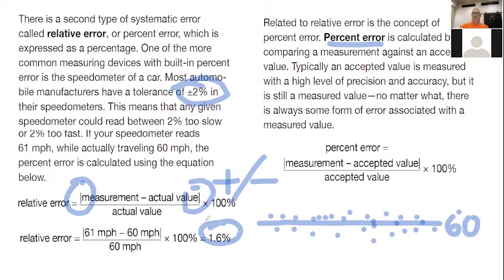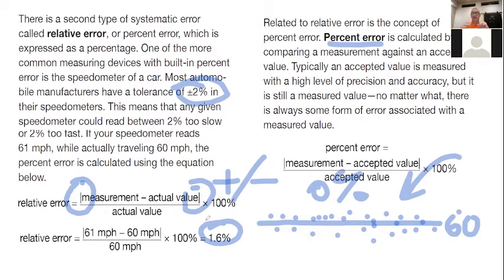So if, for instance, somebody working for Subaru was testing their speedometers and noticed that some of their errors were above and some were below, and didn't convert to absolute value, you might get a relative error of 0. If half of them were above the line and half of them were below the line, they would cancel each other out.